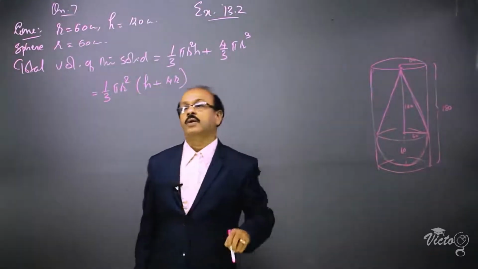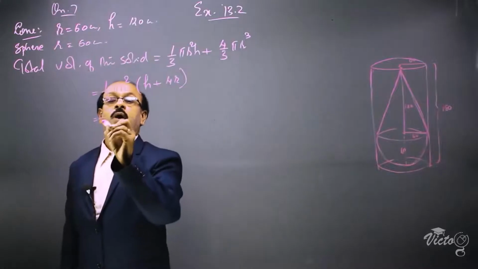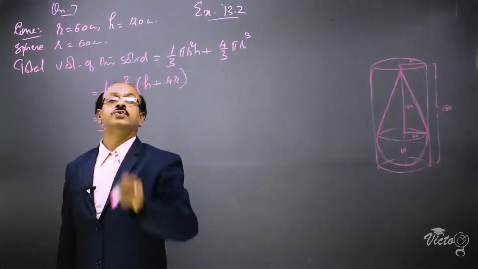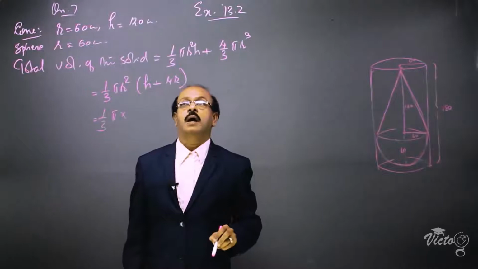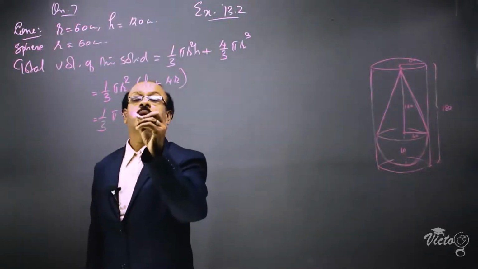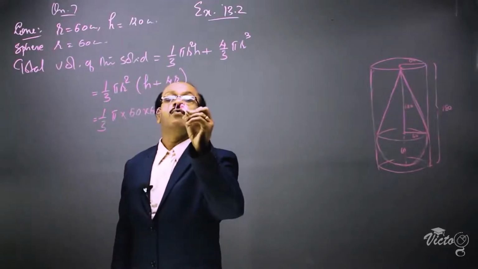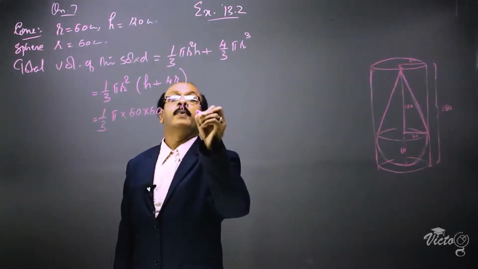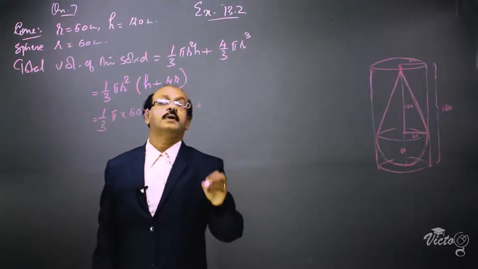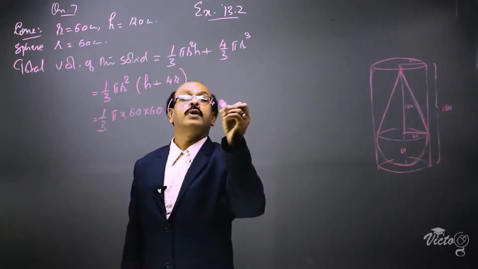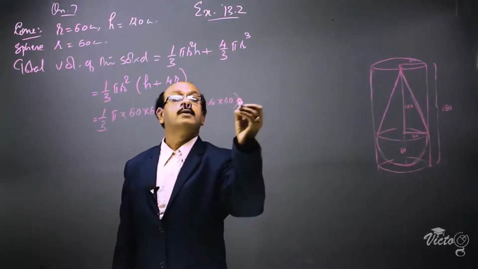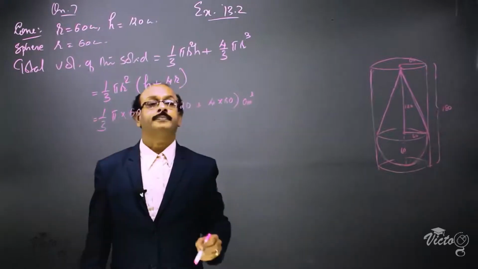Now we are giving the values. This is equal to 1 by 3 pi into r square, 60 into 60, then h is equal to 120 plus 2r, that is 2 into 60, centimeter cube.